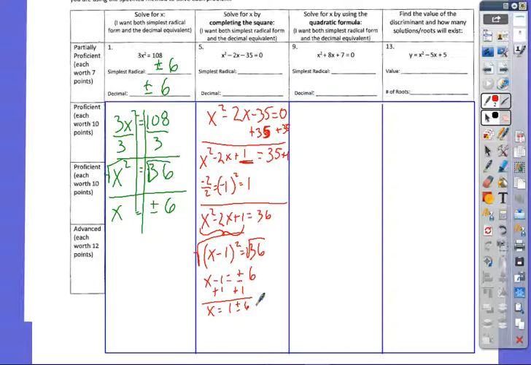Now, you cannot write 1 plus or minus 6. That is not simplified to the simplest term. So what is 1 plus 6? 7. So x equals 7. What is 1 minus 6? Negative 5. So for my answers, I have 7 and negative 5.